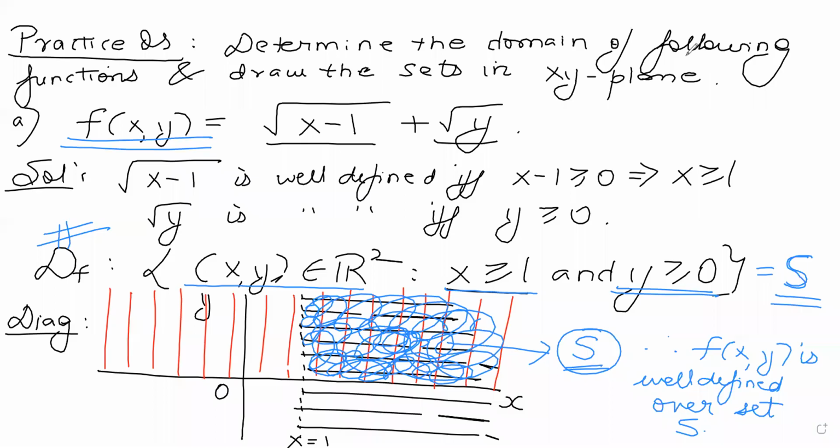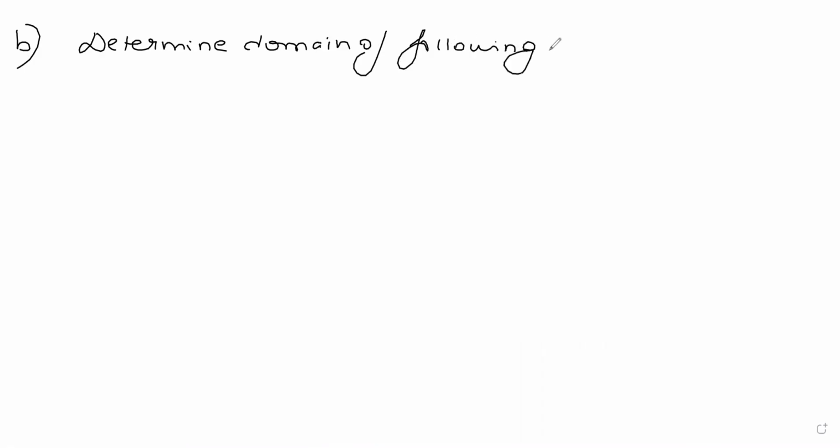Okay, erasing this off, let's look at the second question. Now again, it's the same. Determine the domain of the following function and draw the set in the xy plane.